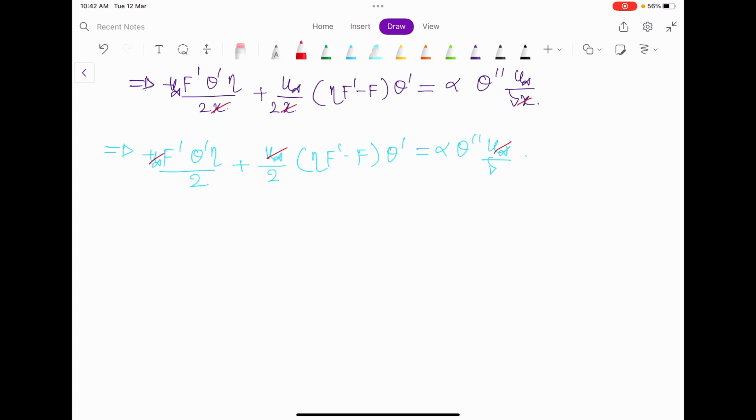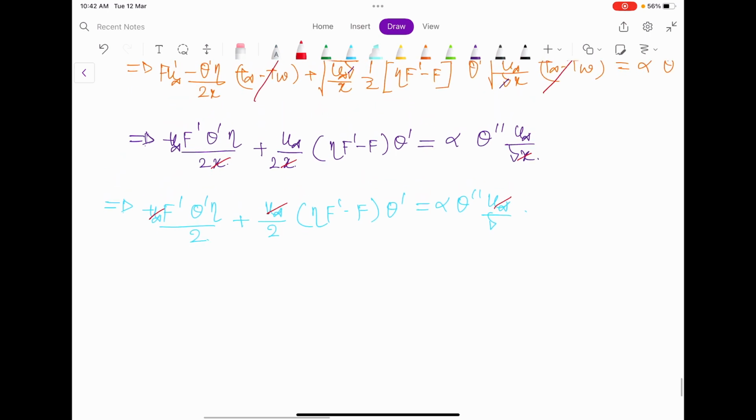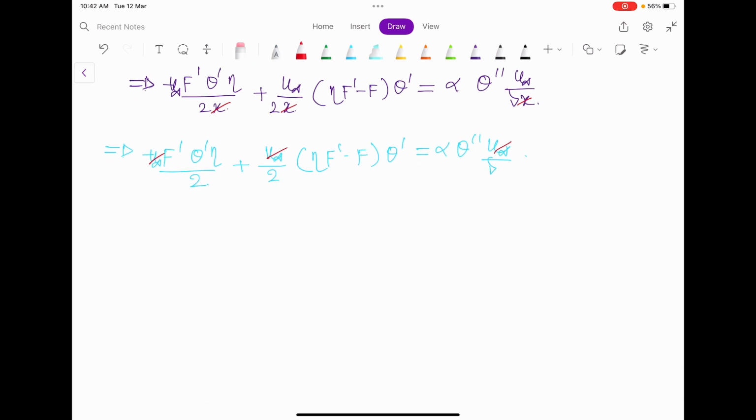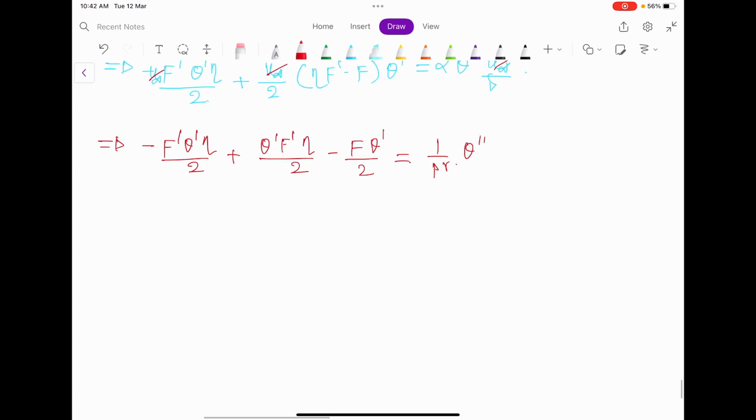And now, do I have any other variable than eta, f and theta? I think no. So now my equation becomes, I think this is the final form, that is minus f dash this by 2 plus theta dash f dash eta by 2 minus f theta dash by 2 is equal to, okay, alpha by nu is 1 by Prandtl number and theta dash, and this cancels out, right?